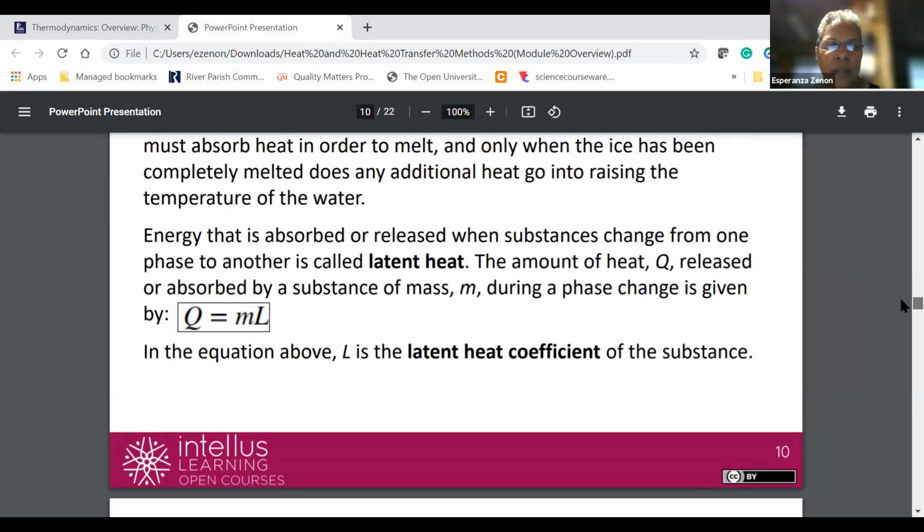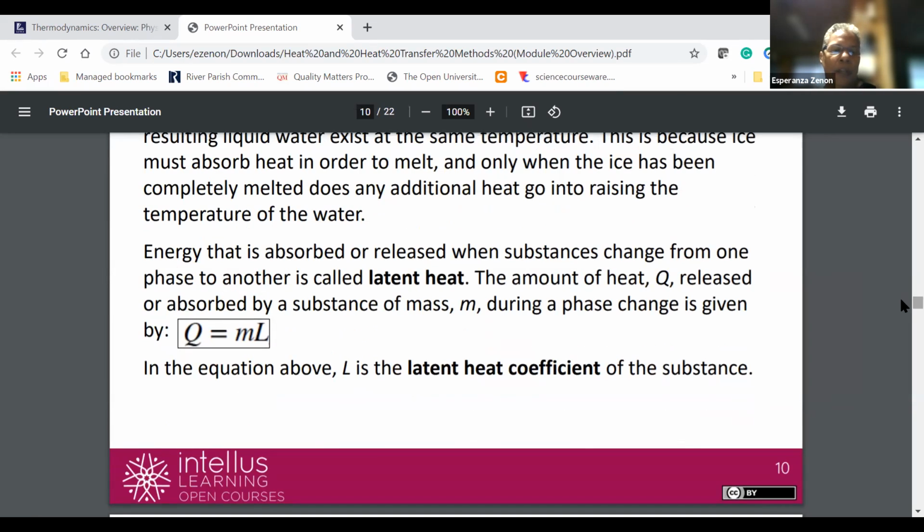And so the latent heat formula, again, Q represents heat, M represents the mass in kilograms, and L is called the latent heat coefficient. That is material dependent, just like C is material dependent in the other formula for Q. L is material dependent in the latent heat formula for Q.